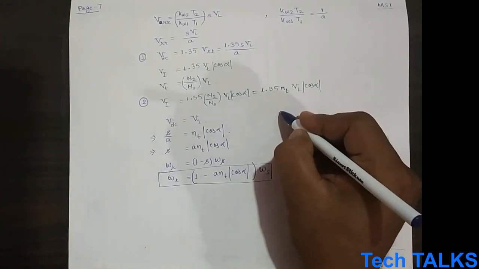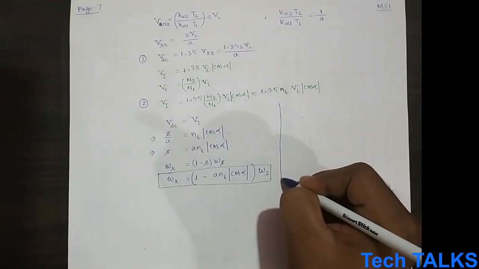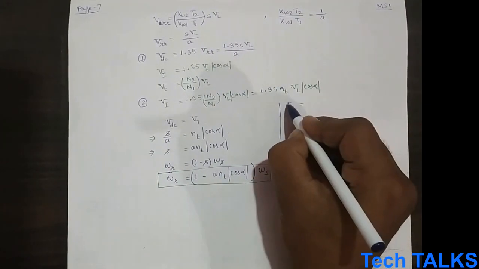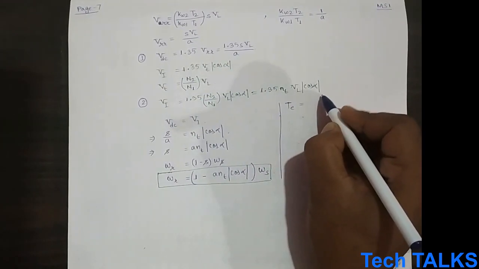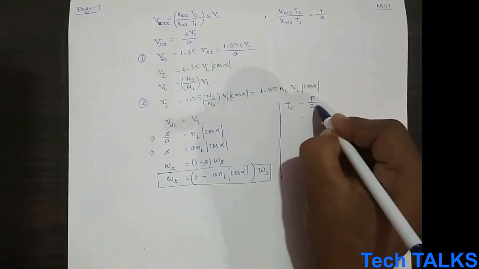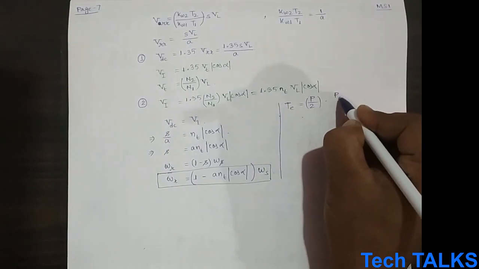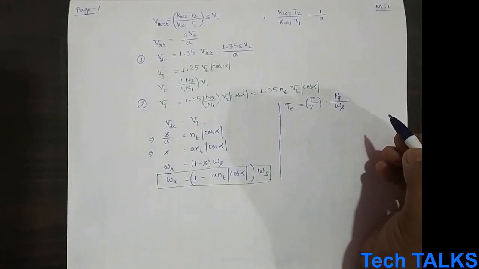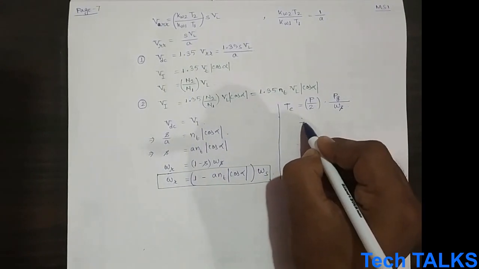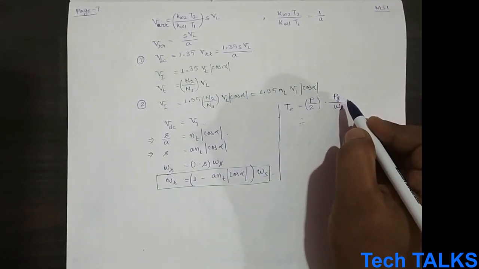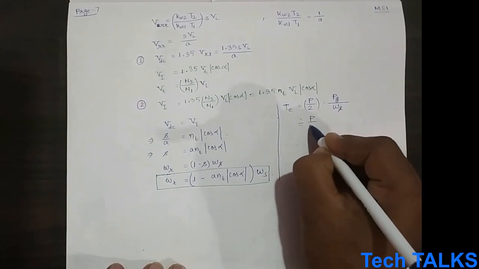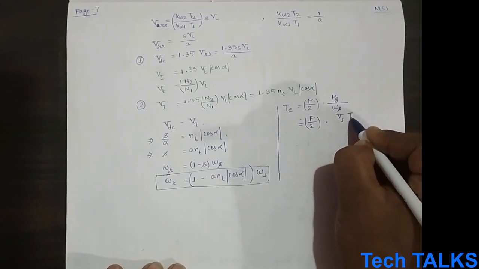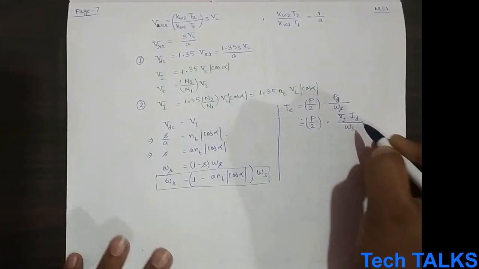Now, if we try to calculate what the torque will be, it is equal to P by 2 into PG by omega S. Now this rotor power, that is the air gap power, that is equal to what? That is equal to VI ID by omega S. What is this ID?